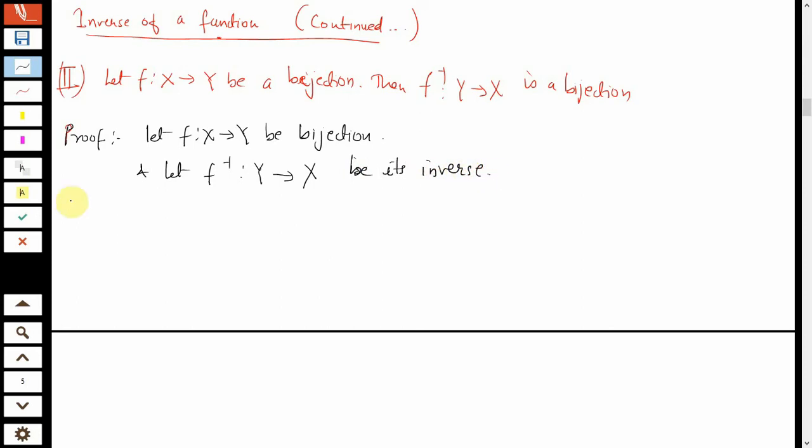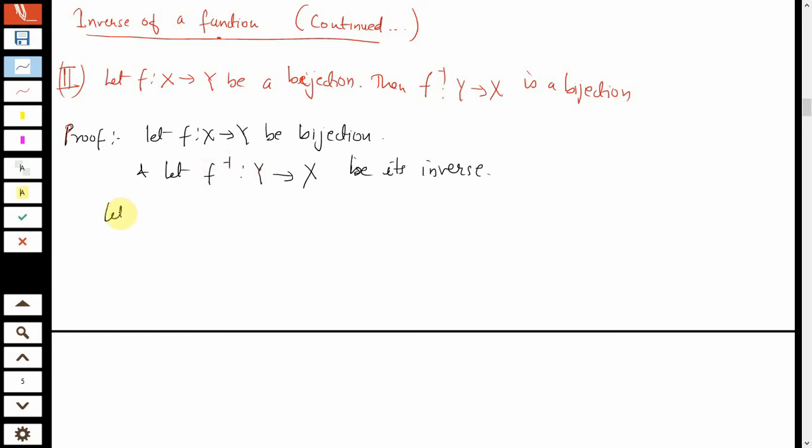So we show that this f inverse is 1-1 as well as onto. So to show that this is 1-1, I'll take 2 points in the domain with the property that the image of those 2 points through f inverse are same.